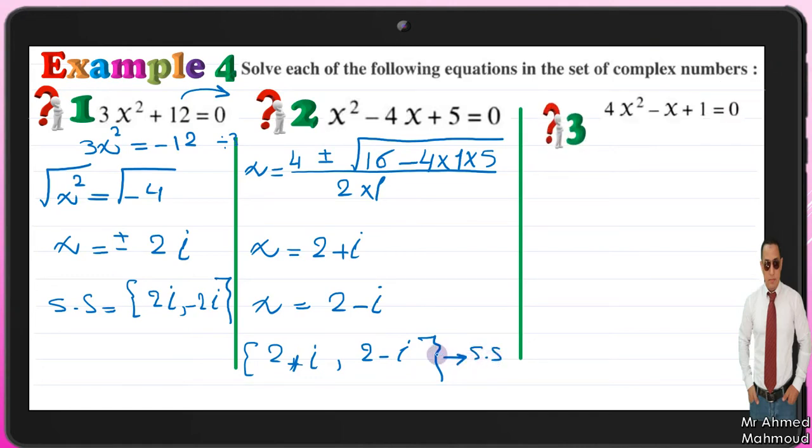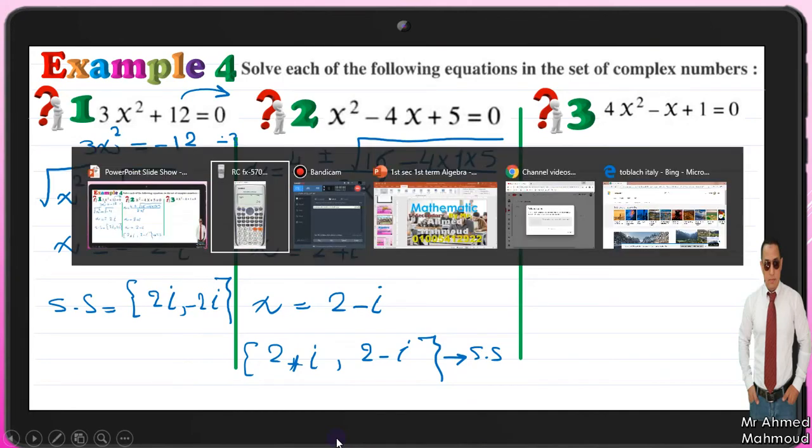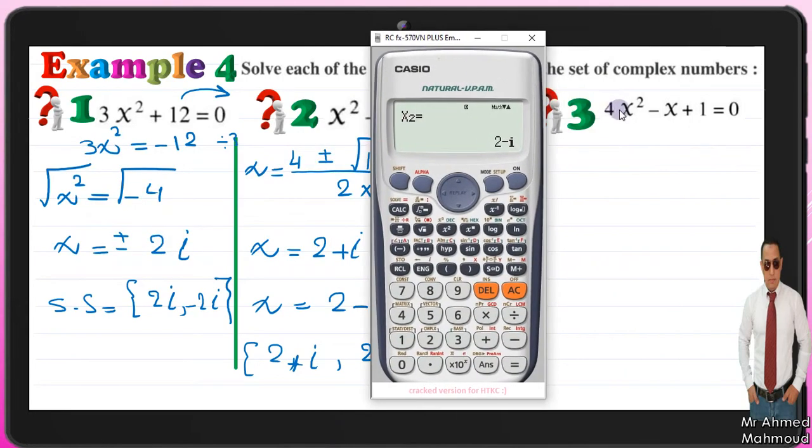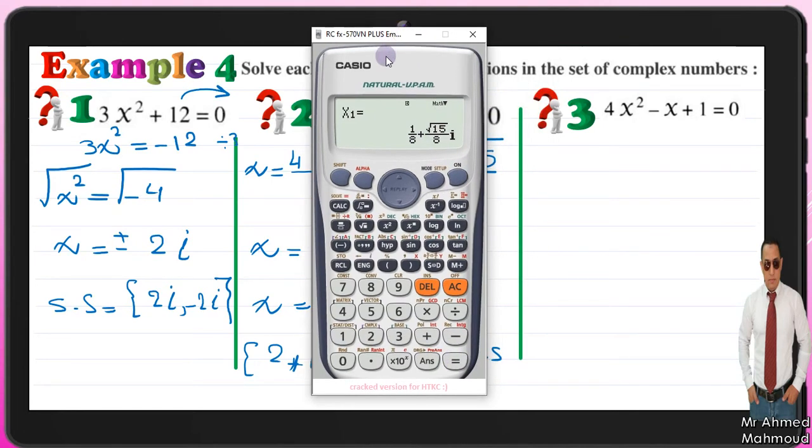Okay, number 3, I'm going to use the calculator directly because I explained this one here. a 4, b negative 1, c 1. So 4 equal, negative 1 equal, 1 equal. x equals 1 over 8 plus root 15 over 8 i, and 1 over 8 minus root 15 over 8 i.